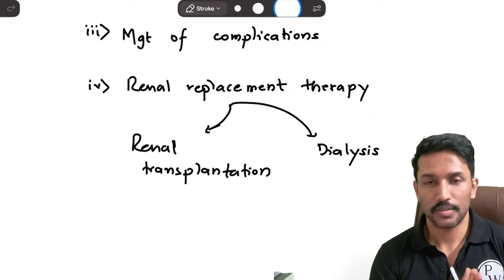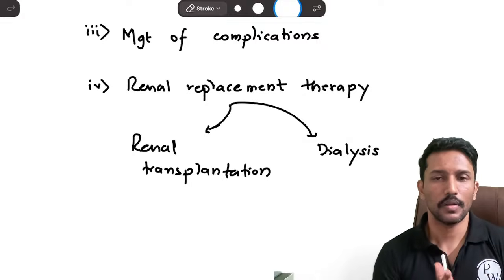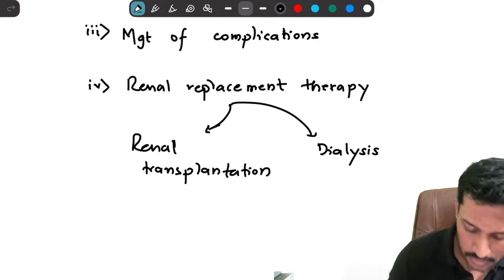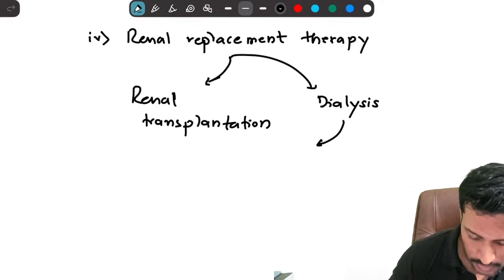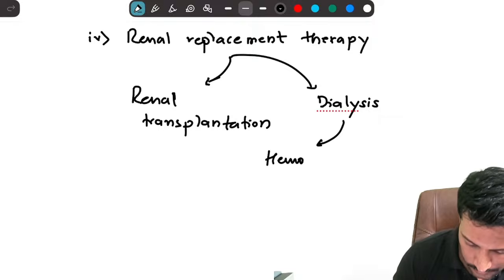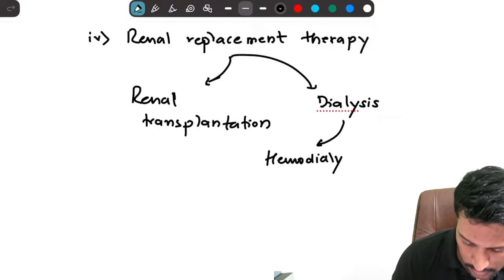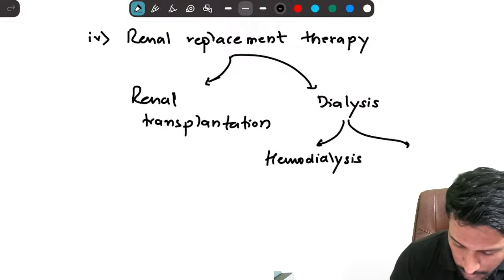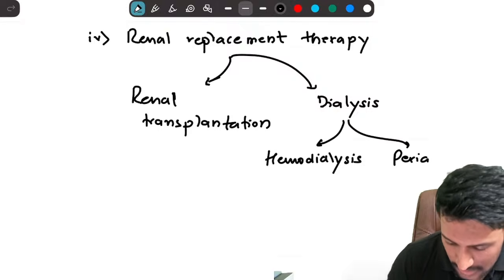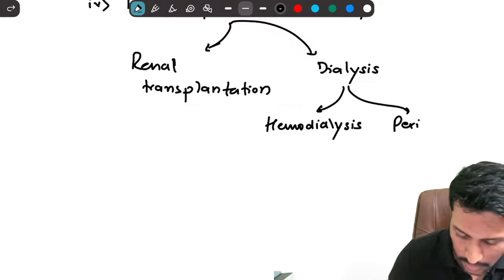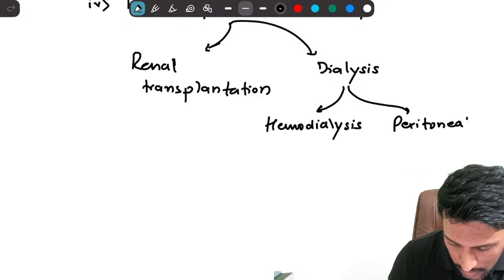Yeah, tell me what are the types of dialysis we have. So one of them is called hemodialysis. The other one is called peritoneal dialysis or CAPD, continuous ambulatory peritoneal dialysis.